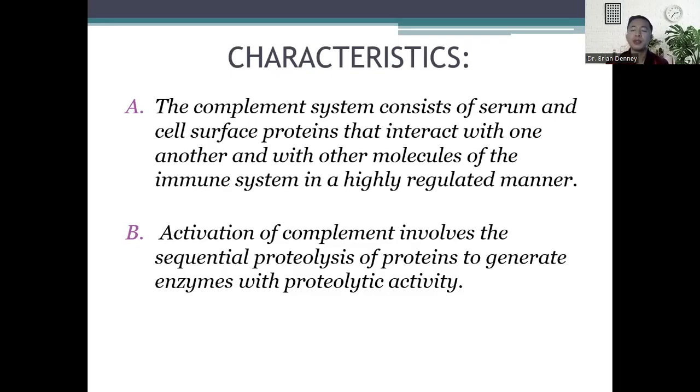They are now primed to perform their function. Proteolysis of proteins to generate enzymes with proteolytic activity. So we break the inactive zymogens up, and then it causes generation of enzymes with proteolytic activity, which causes destruction or lysis of your antigens or foreign cells.